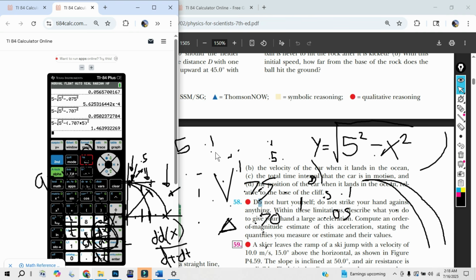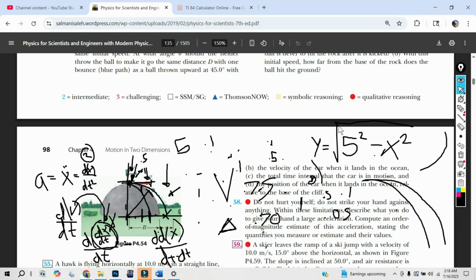And so we have a 1.46. So that's the distance down at the halfway point. Hopefully I did that right. Does that look about right? Halfway, it looks like you only drop not very much.